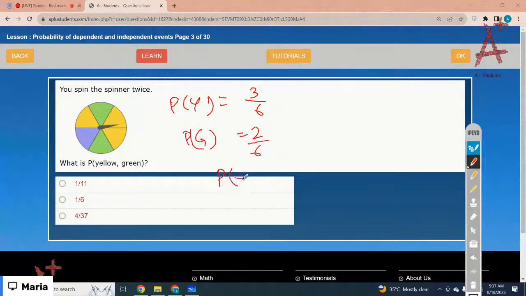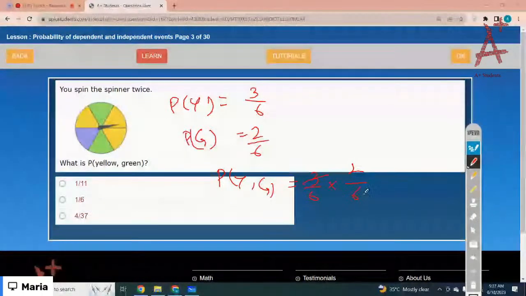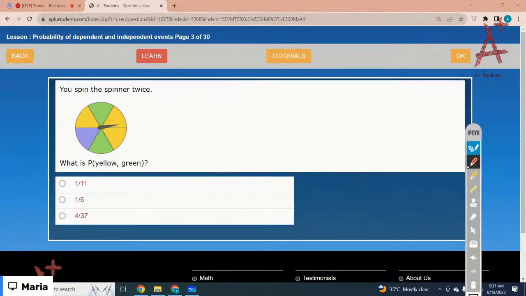Just multiply both the probabilities. 3 times 1 is 3, 3 times 2 is 6. 2 times 1 is 2, 2 times 3 is 6. So you are left with 1 times 1 and 3 times 2 is 6. It would be 1 over 6. The correct option is 1 over 6.